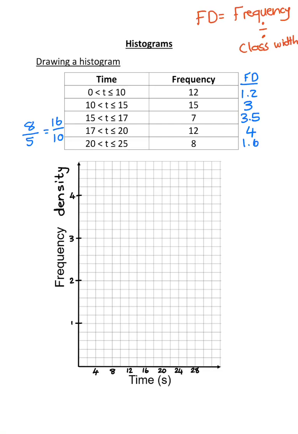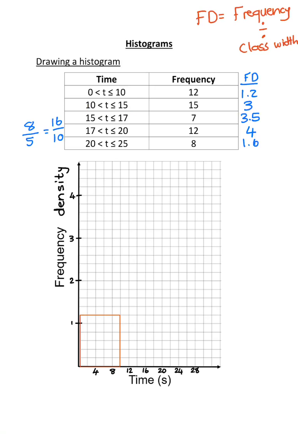So from 0 to 10, the frequency density is 1.2. So all you do is you go from 0 to 10, which is there, and we need to go up to 1.2. So there's my first bar. The next bar is from 10 to 15, I want to go up to 3.